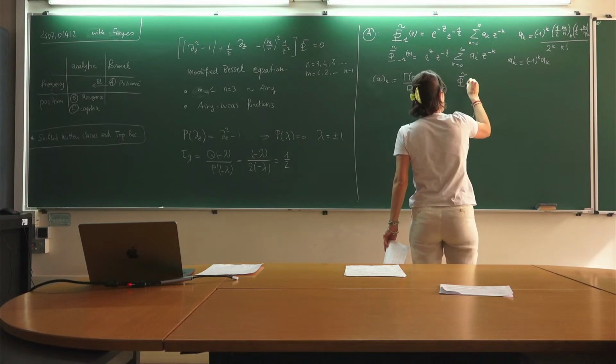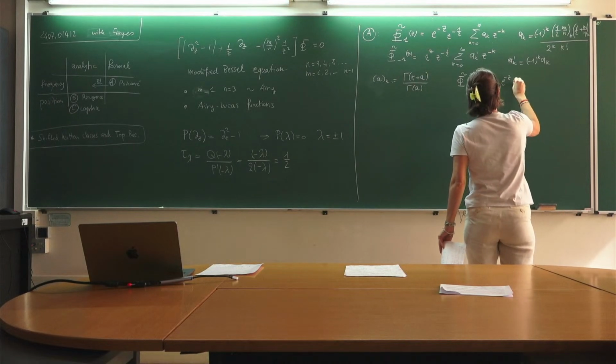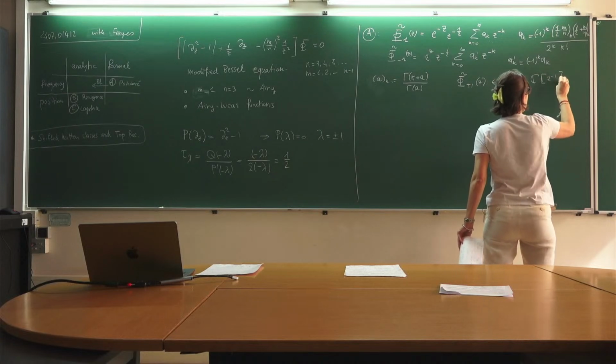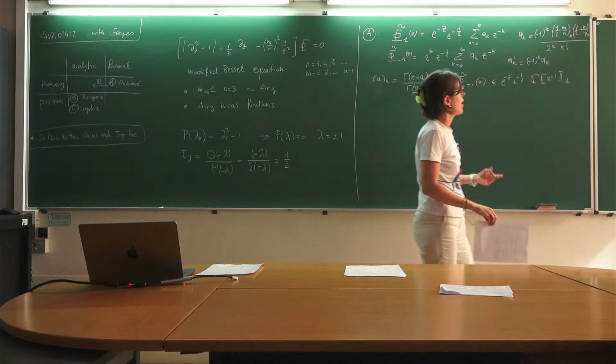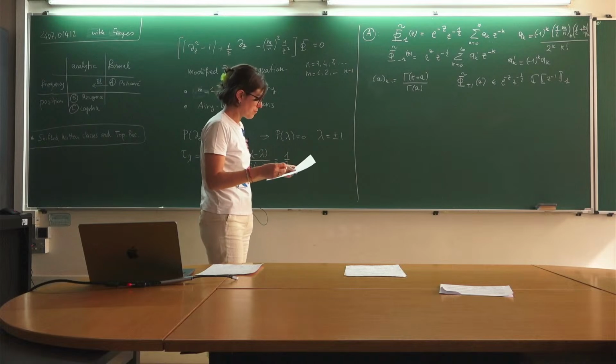So as we expect, both these series are divergent, and of Gevrey type 1, because you are left with just one factorial coefficient.